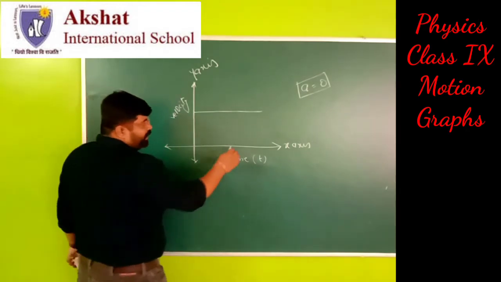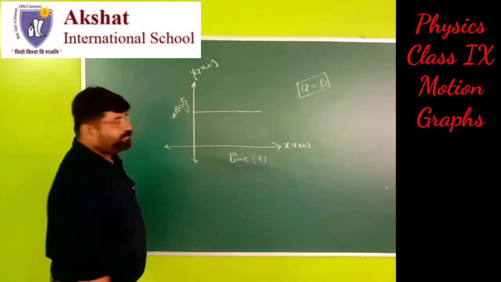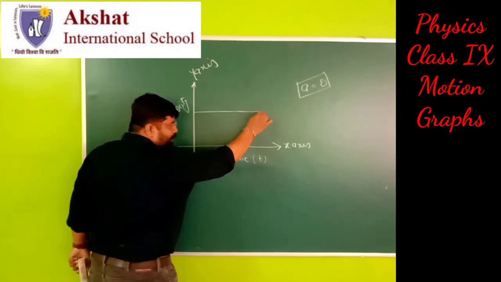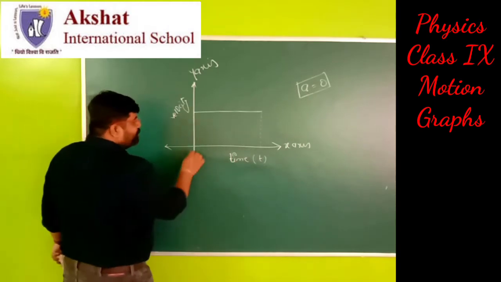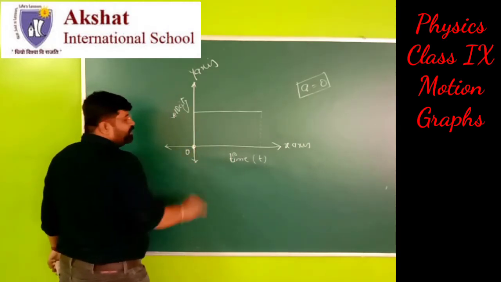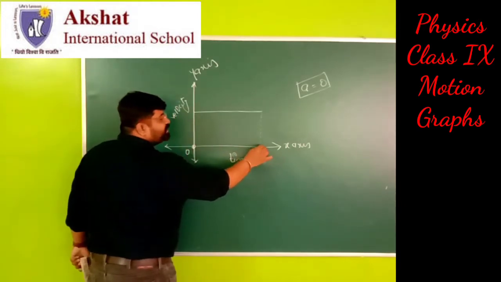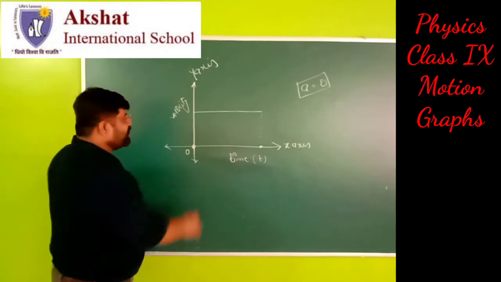Now suppose I have to find the area under this graph. What does it mean? It means that if I draw a perpendicular here, basically the object has covered some distance in this given interval of time with this velocity.